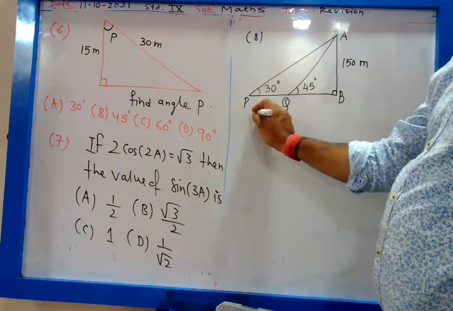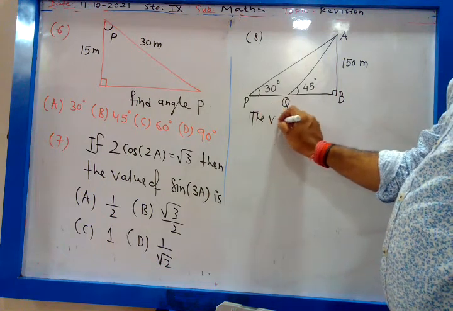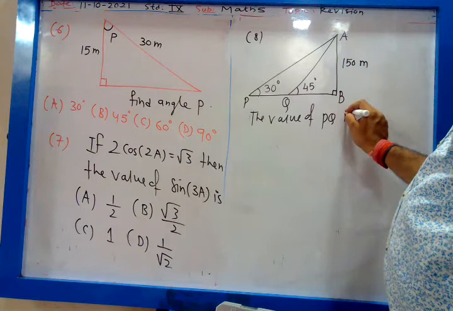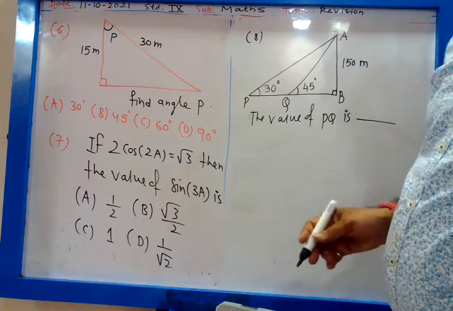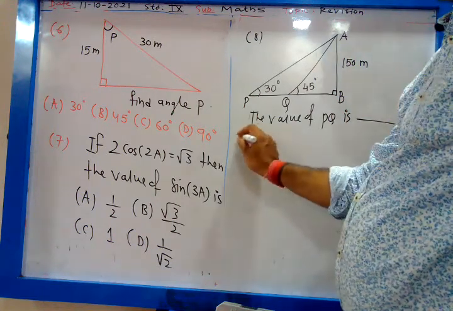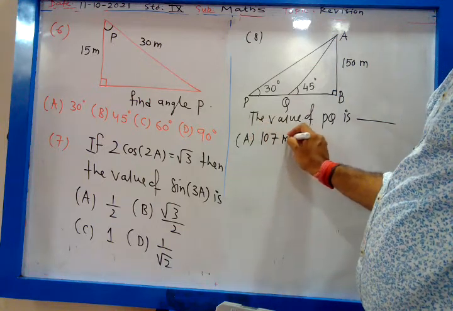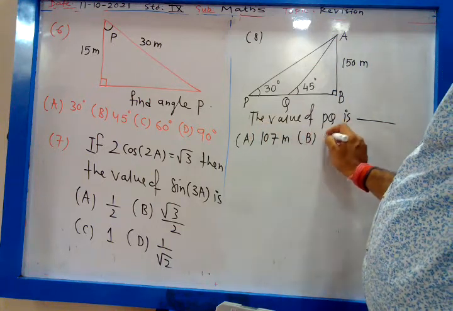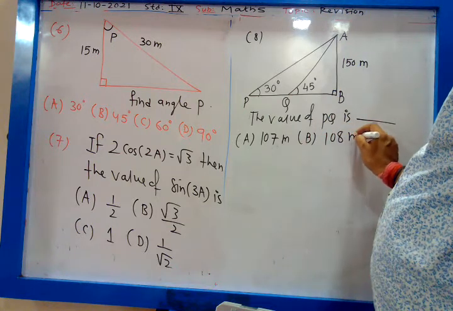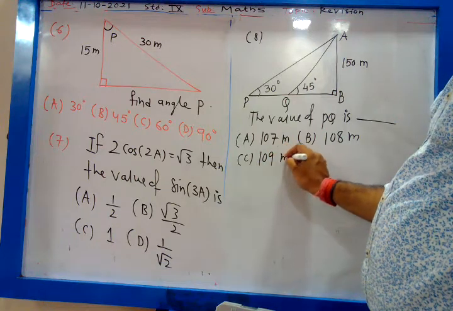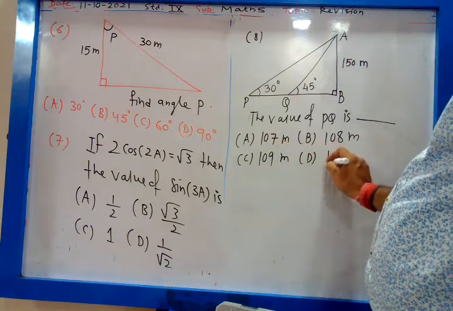Then the value of PQ is option A 107 meter, B 108 meter, C 109 meter and D is 110 meter.